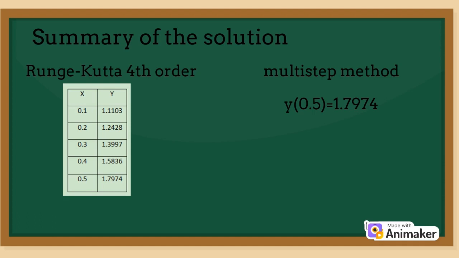On the other hand, when we use the multi-step method to compute the value of y when x is equal to 0.5, we also get the same value as the one we found in Runge-Kutta, which is 1.7974. The values involved in the computation of the multi-step method are the same as in the Runge-Kutta method.